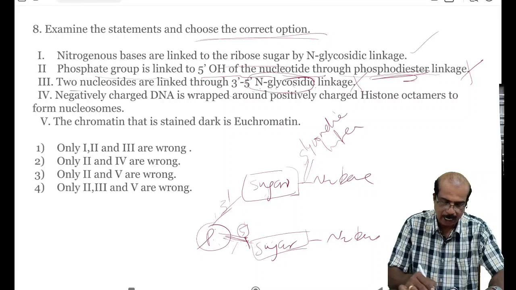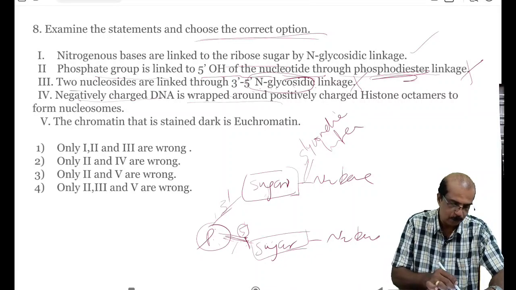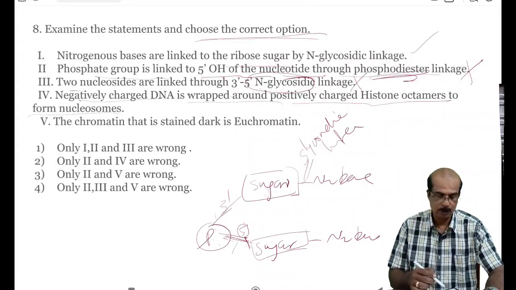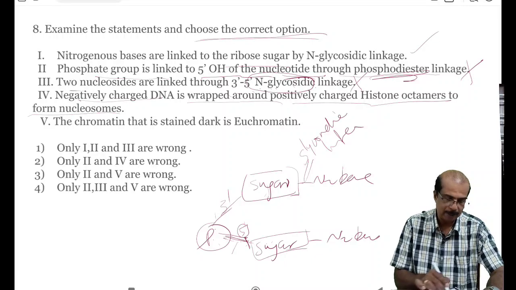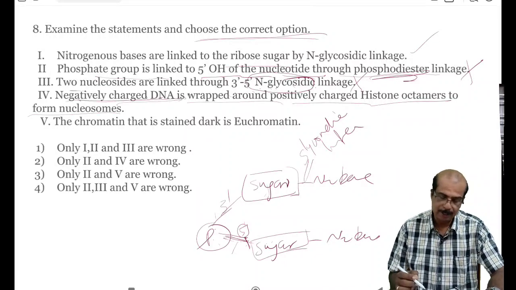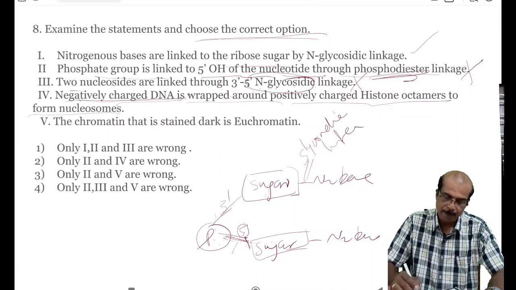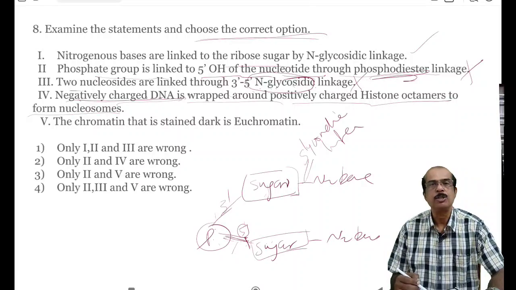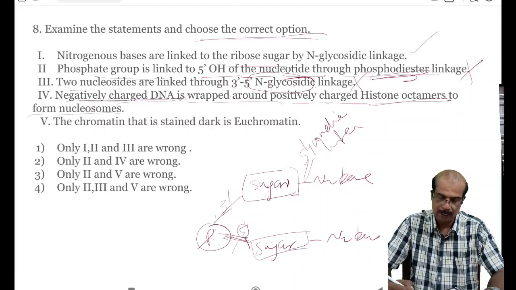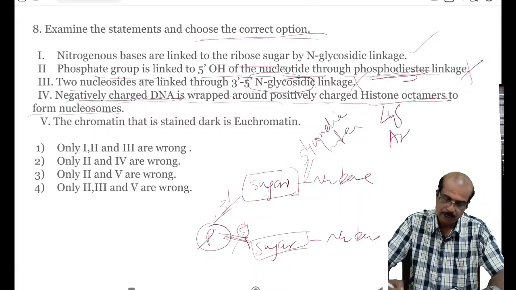Negatively charged DNA is wrapped around positively charged histone octamers to form nucleosomes. You all know that DNA or nucleic acid is negatively charged. Here it is wrapped around histone protein, histone octamers. Histone protein contains mainly basic amino acids such as lysine, arginine. So statement 4 is a correct one.